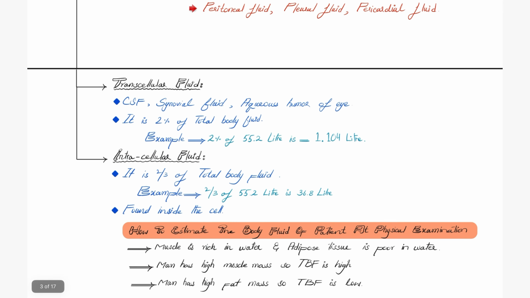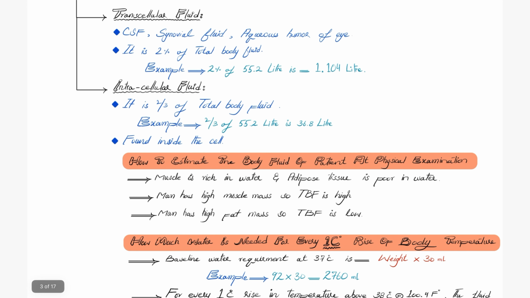Now, the second type of the total body fluid is transcellular fluid. It is cerebrospinal fluid which is present in the spinal canal and ventricles of the brain, synovial fluid which is present between the joints, and aqueous humor of the eye which is present in the anterior and posterior chambers of the eye, and it is 2% of the total body fluid.